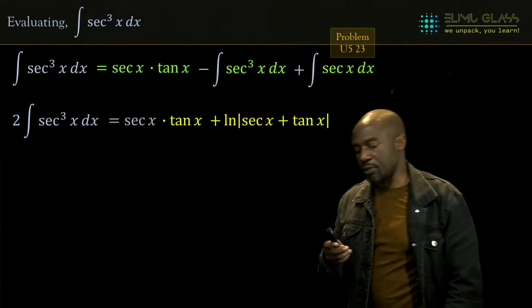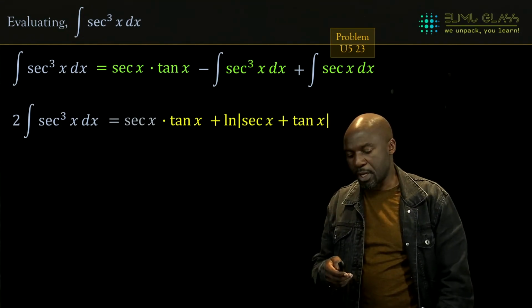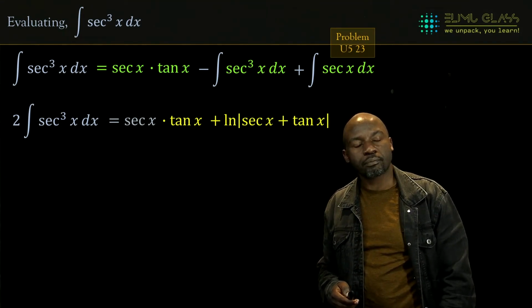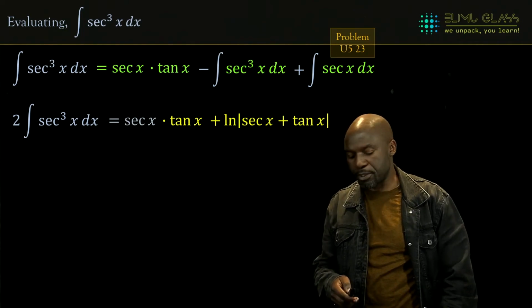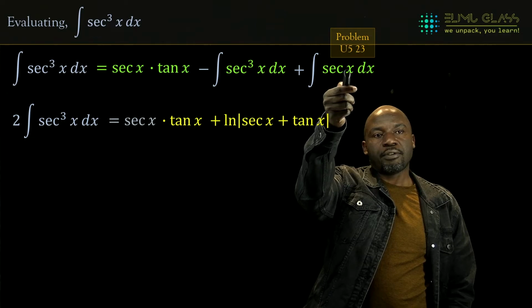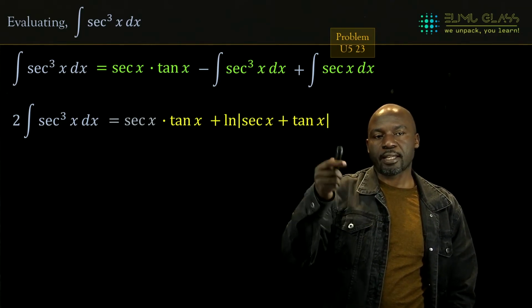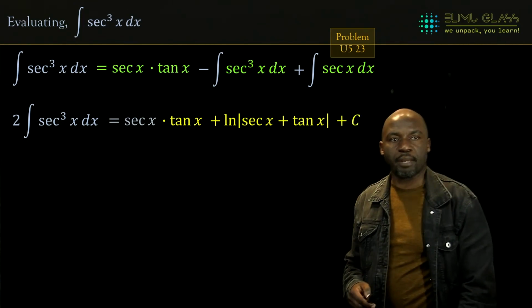So I will not go into that. Please just check video number 23 in the playlist on problems. All right, so then the integral of secant of x is just ln of sec x plus tan x, like that. And then of course we will say plus c.